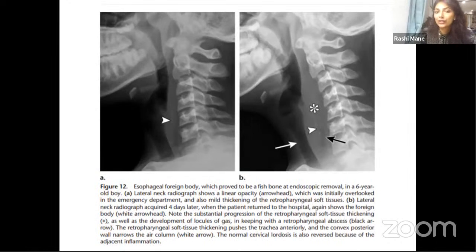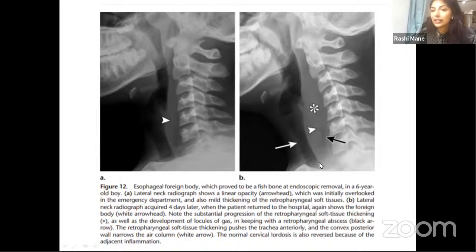So I don't know if you can notice, in our left picture, just below here, you can see a foreign body. Usually they're really difficult to notice, especially when it's a fishbone, and you can usually say, I can't see anything, you can go home. But the problem with leaving a fishbone in your pharynx or esophagus is that it can cause a retropharyngeal abscess.